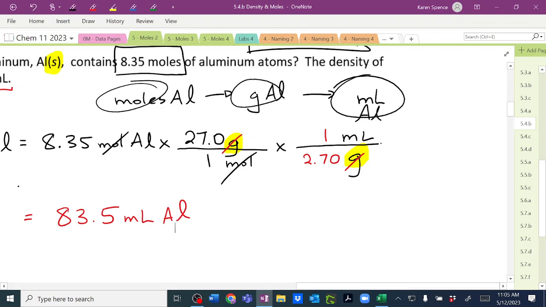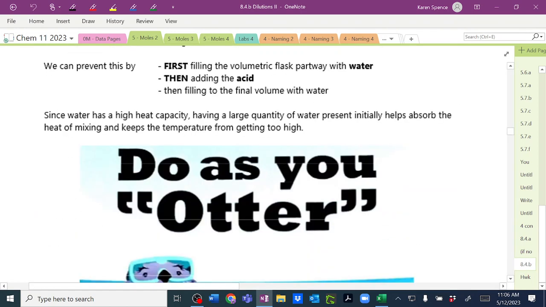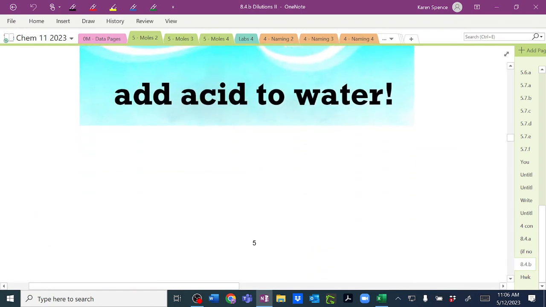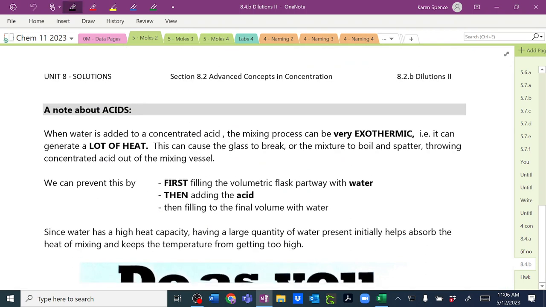Okay, so we are going to go to dilutions 2, and we're going to talk about acids because we didn't get to there last day. So this is in dilutions 2 on page 5. If you were away last day and you needed dilutions 2, it's right here.